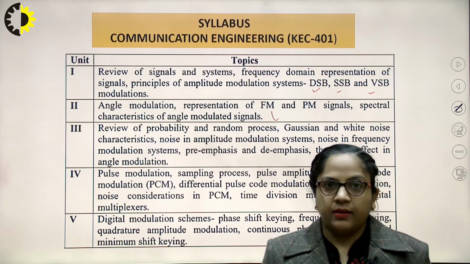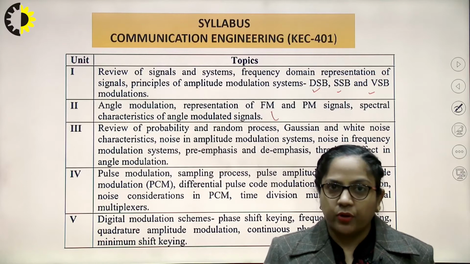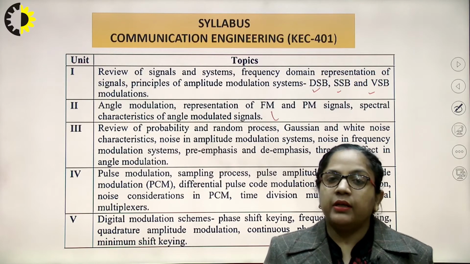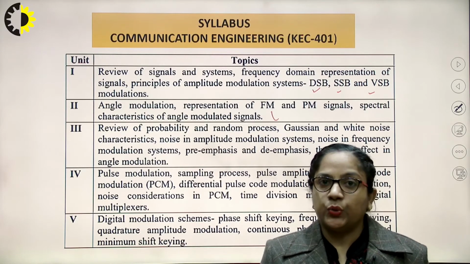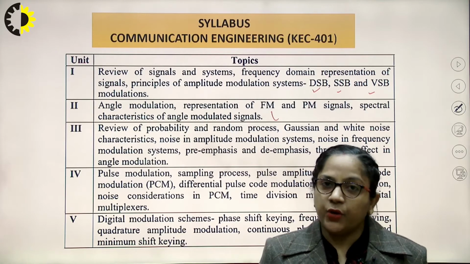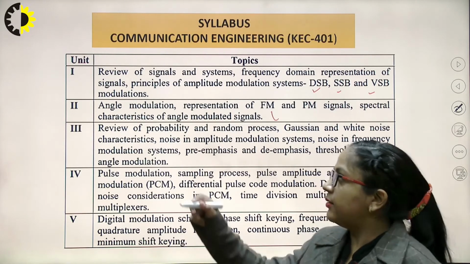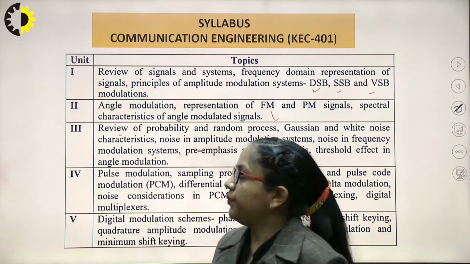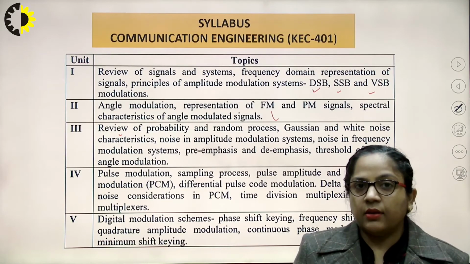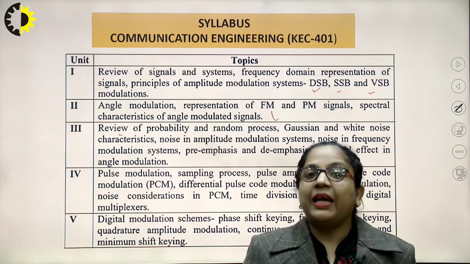After understanding the concept of amplitude modulation, that is the very first kind of modulation, we will discuss the remaining two important types of modulation, that is phase and frequency modulation, under unit 2. The phase and frequency modulation come under the category of angle modulation.